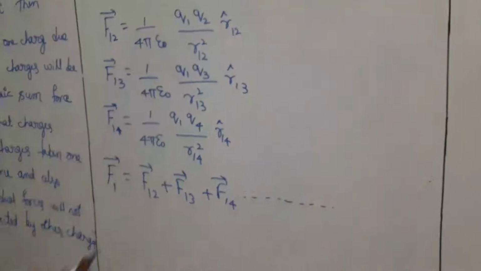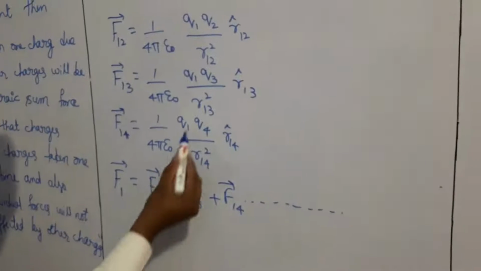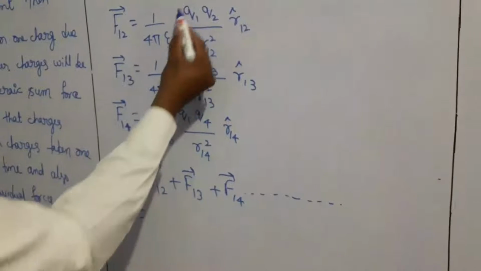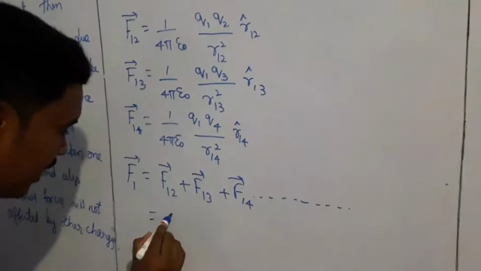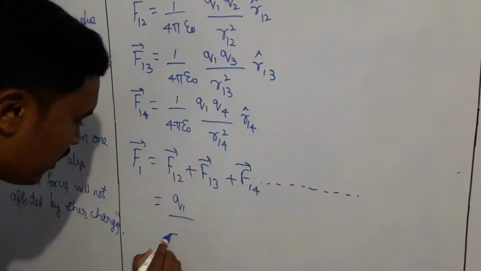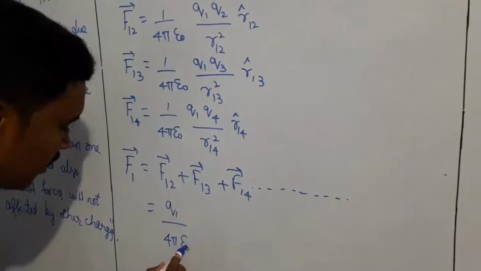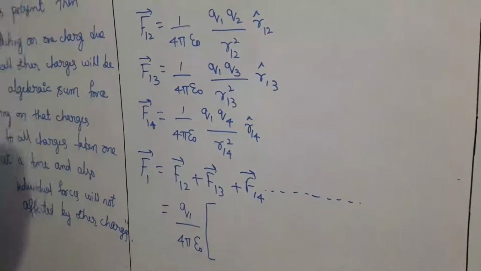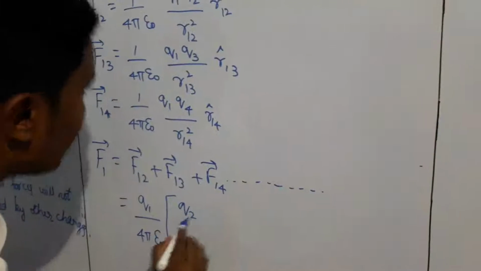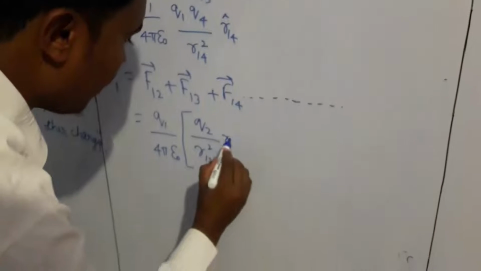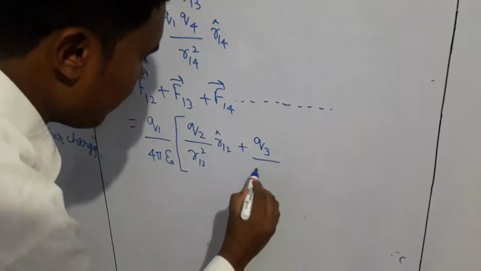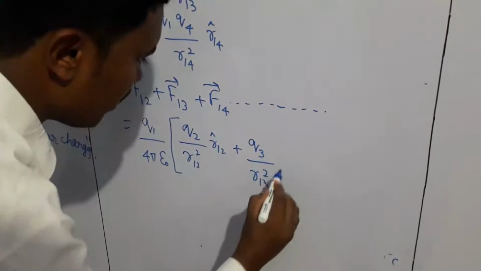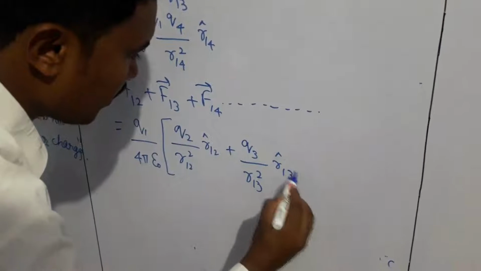Now substitute all those things. Q1 is common in all the expressions and also 1 by 4 pi epsilon naught is common. That I will take outside: Q1 by 4 pi epsilon naught. What is remaining is Q2 by R12 square R12 cap plus Q3 by R13 square R13 cap, like that so on.